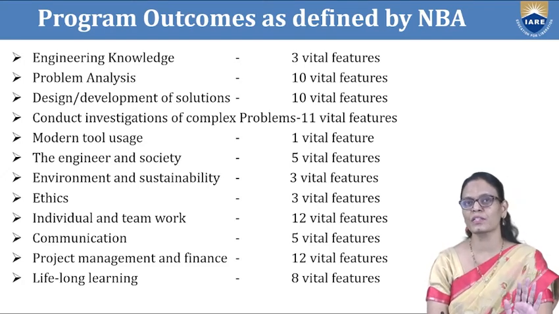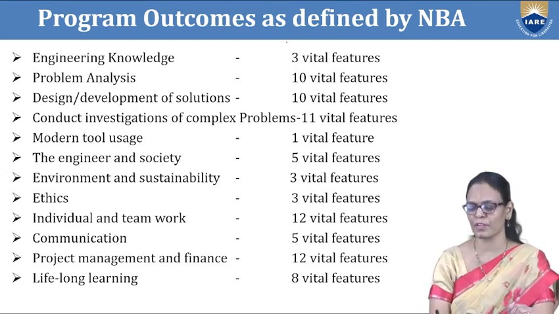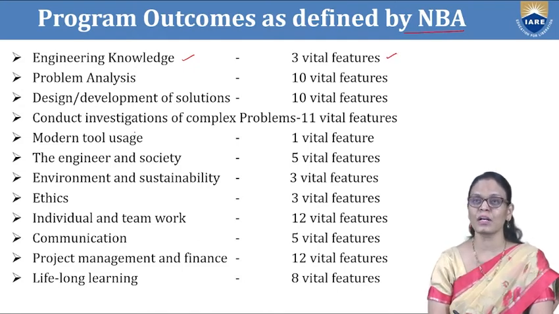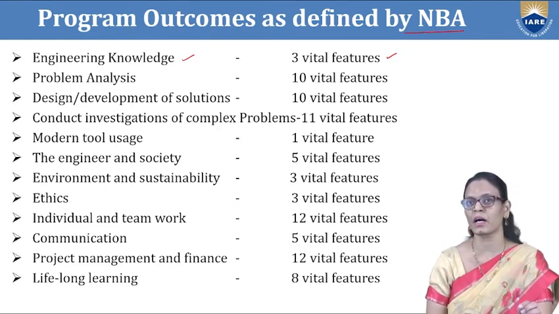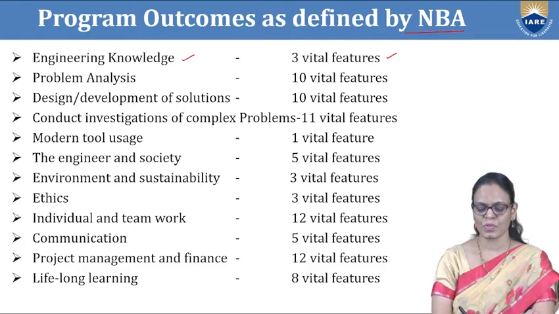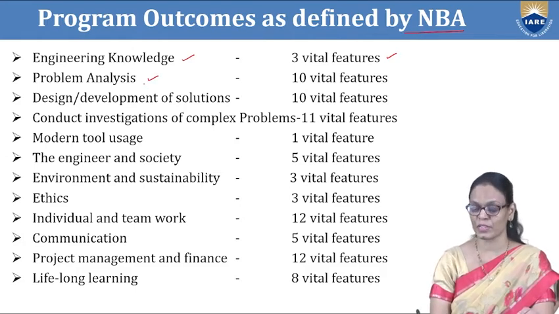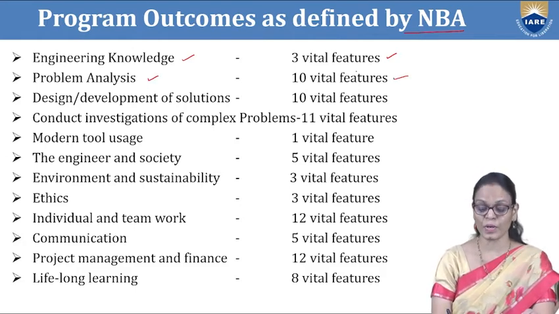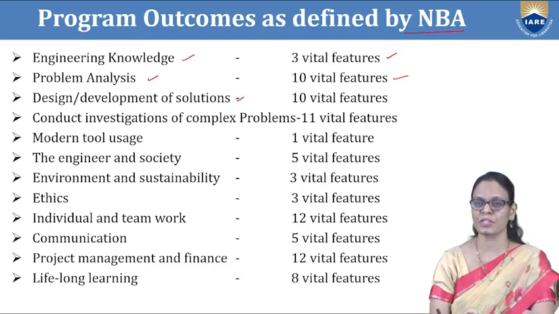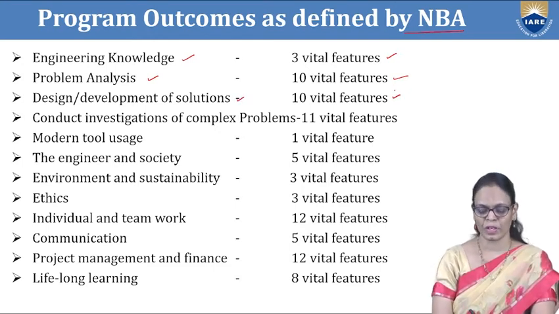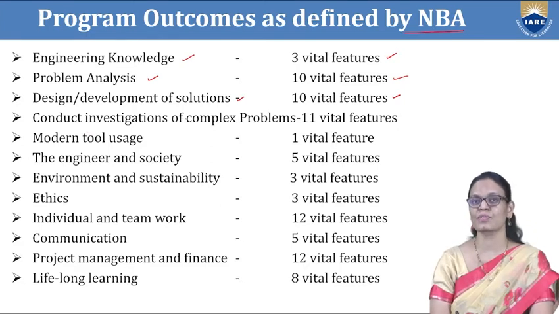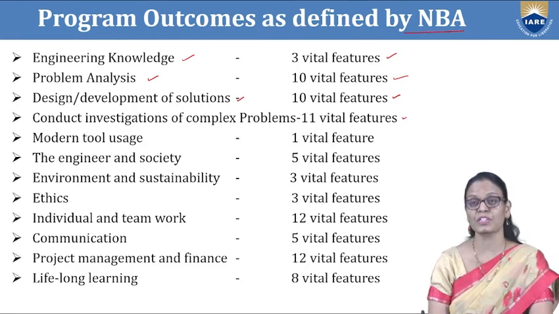Now, as I told you, there are 12 program outcomes defined by NBA. We'll just go through them. The first one is engineering knowledge, which has 3 vital features. In each outcome, they have also mentioned the vital features. They are also very important in deciding our program outcomes. The second one is problem analysis with 10 vital features. The next one is design and development of solutions, 10 vital features. The fourth one is conduct investigations of complex problems, 11 features.